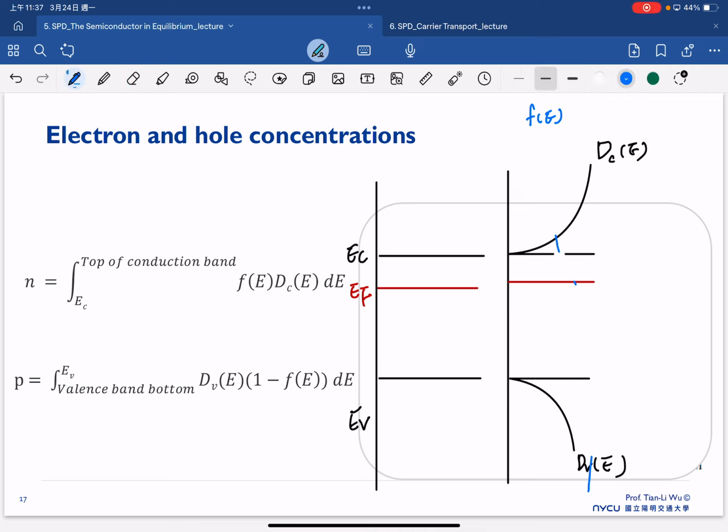So we have something like this. But now our Fermi-Dirac distribution is shifted towards the top. So that means the overlap region becomes larger.